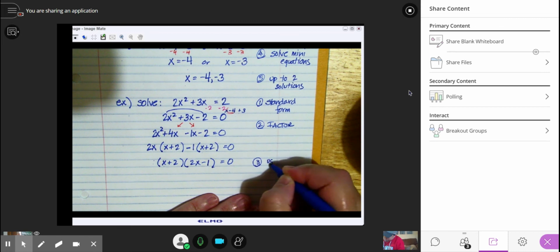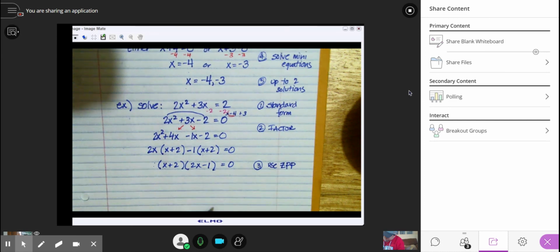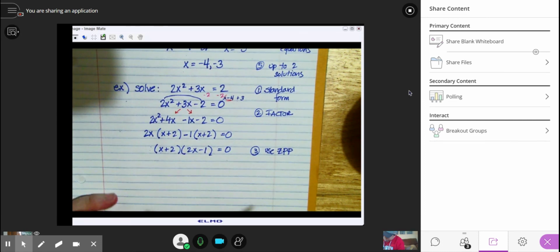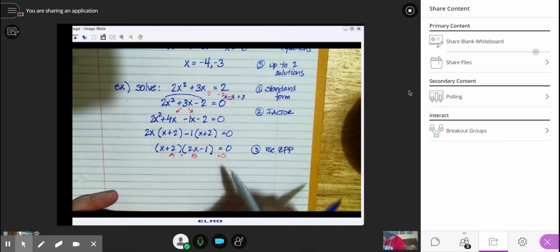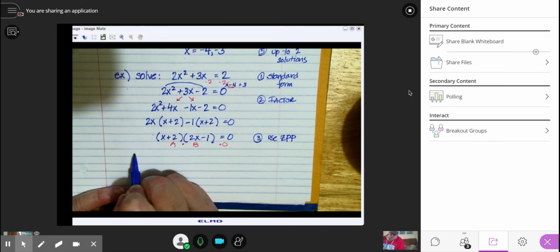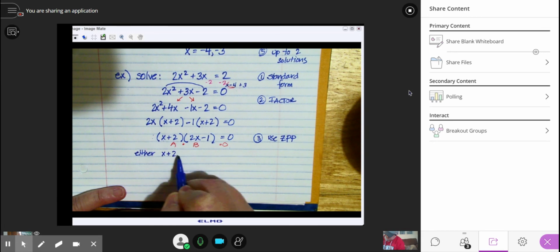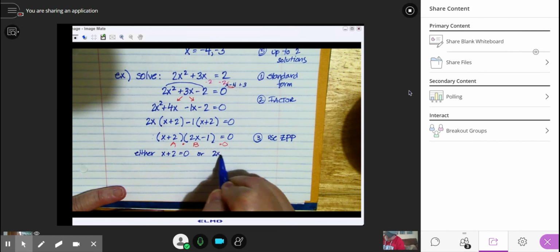Now I can use the zero product property, so that I have an A times a B equals 0. So it has to be true that either x plus 2 is equal to 0 or 2x minus 1 equals 0.